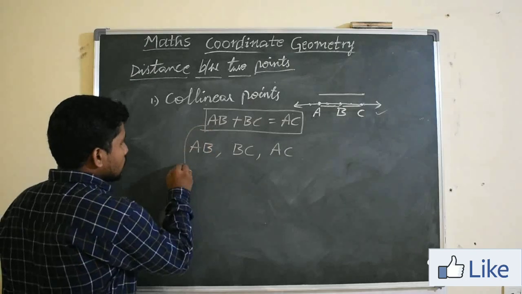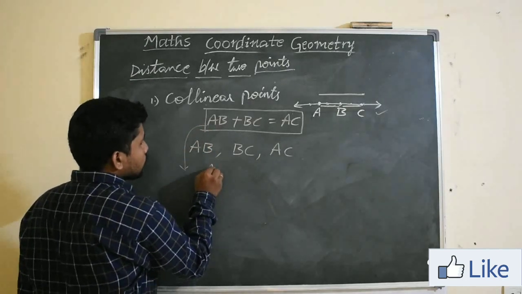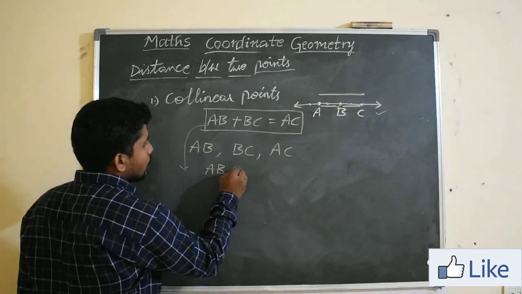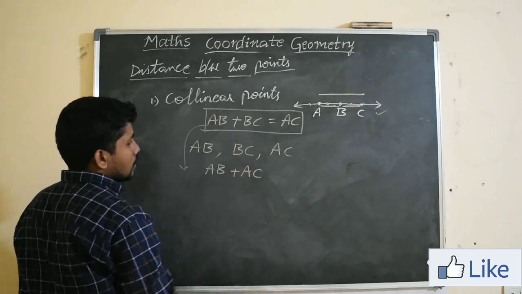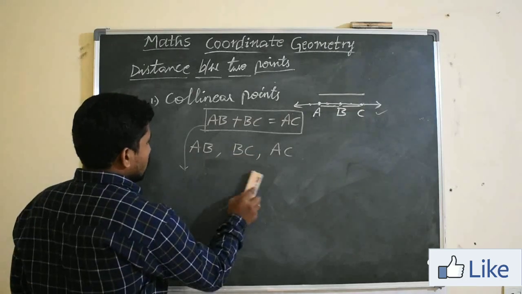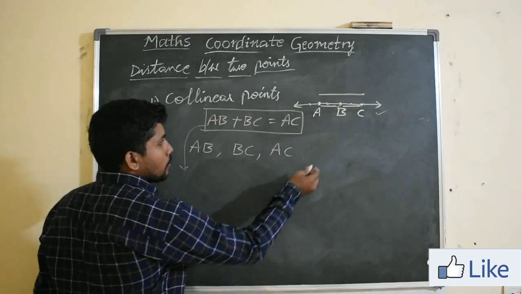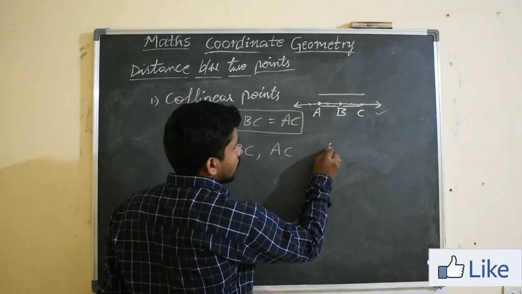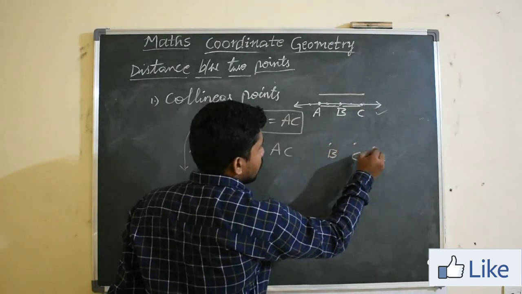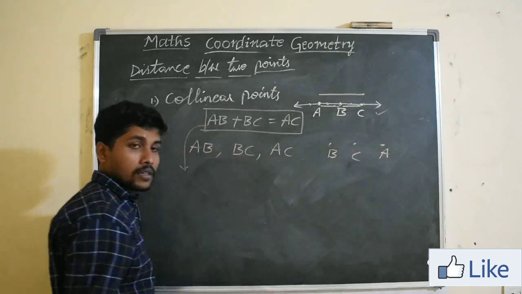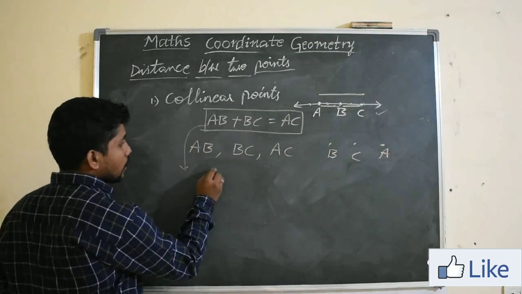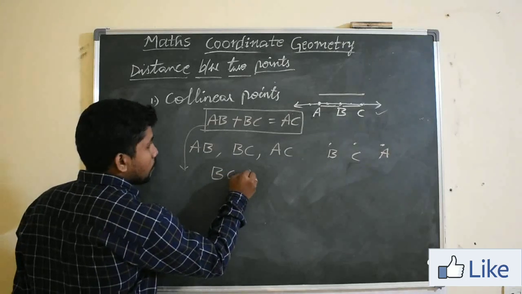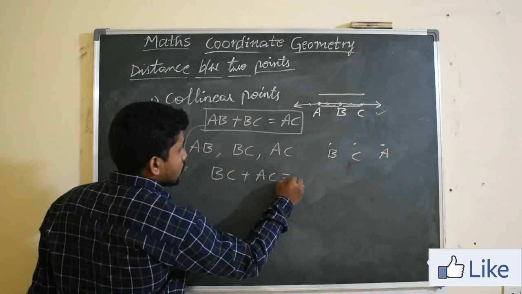The other conditions may be that they are in the order B, C, A, then BC plus AC will result in AB.